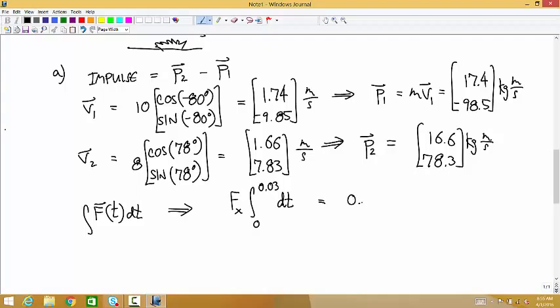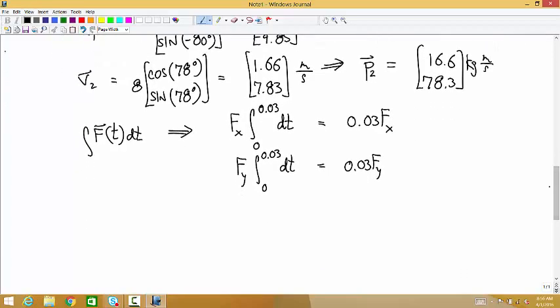And so that's 0.03 Fx, which is the way it always works. When you take the AP test, write that integral in there, okay? So they know what you're doing. And then for the y component, Fy times the integral from 0 to 0.03 dt. So 0.03 Fy.